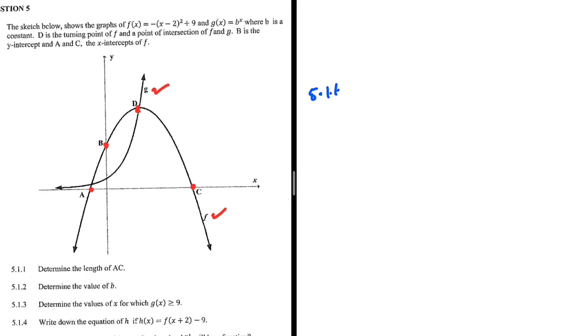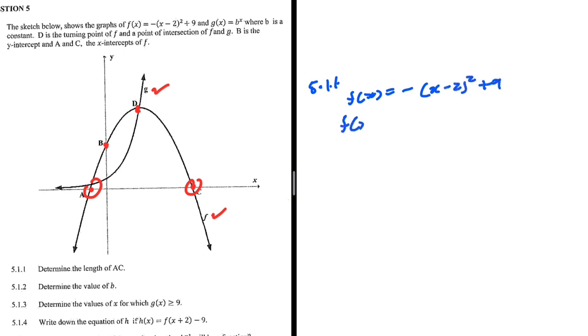Like we've already said, A and C are the x-intercepts of f of x. So before we can even get to calculating the length of AC, let's determine the x-coordinates at A and C. Okay, so we have f of x equals minus (x minus 2) squared plus 9.